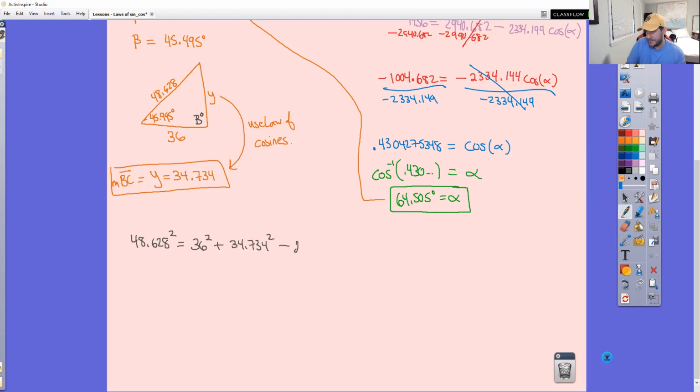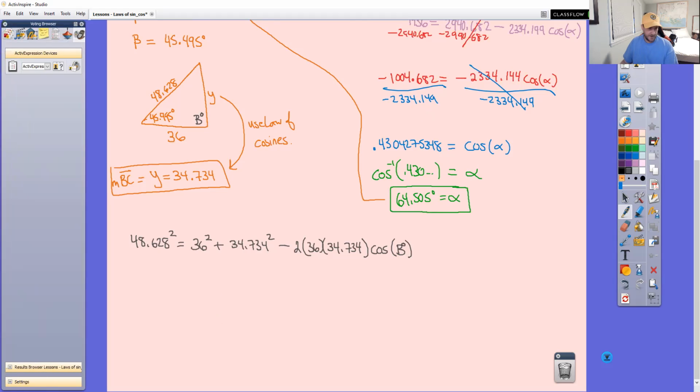We'd subtract from it 2 times 36 times 34.734, and then multiply by the cosine of B. So you'd be hitting the buttons to solve, solve, solve. I'm going to solve it off camera and just give you the answer.